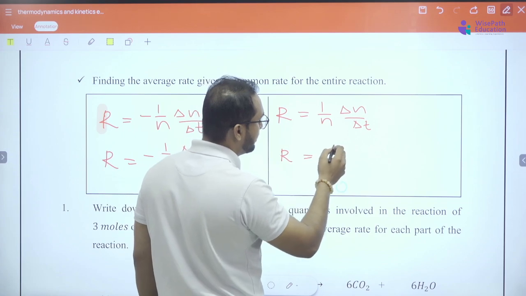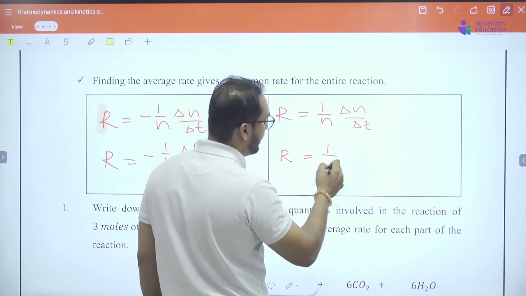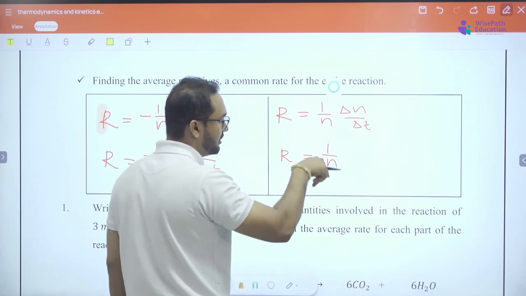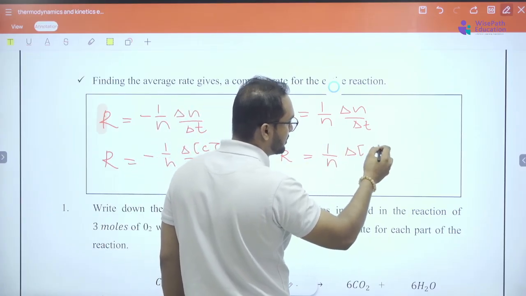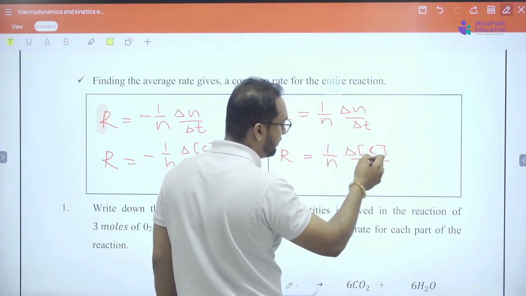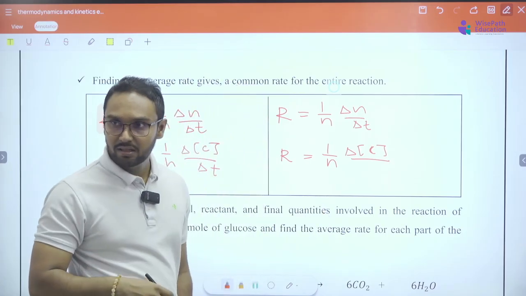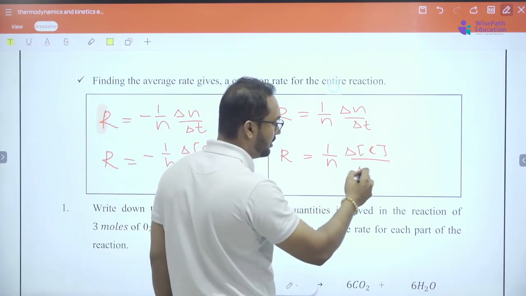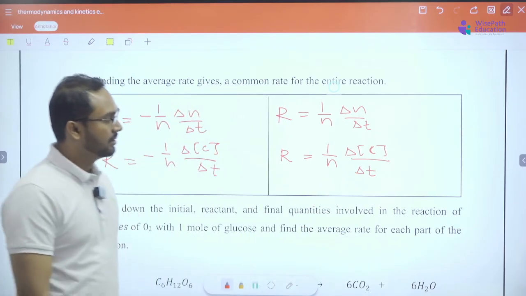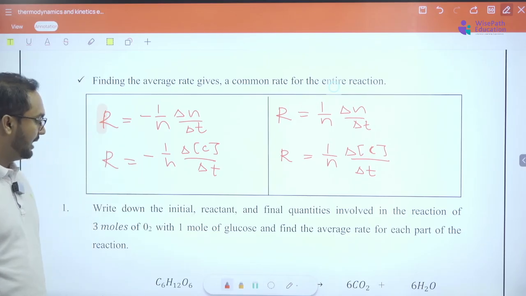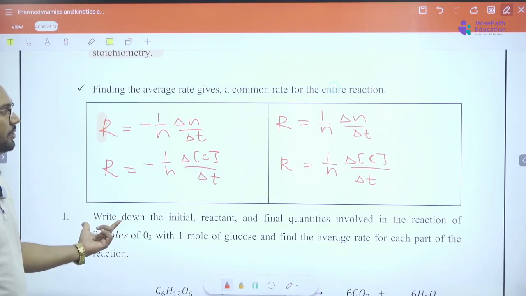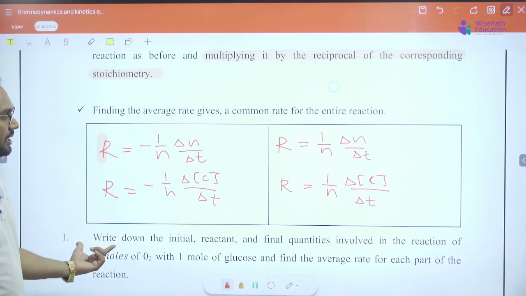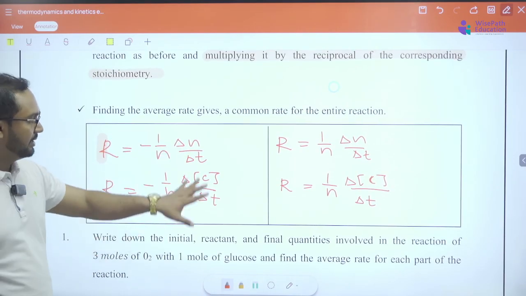R equals 1 over n, where 1 over n is the reciprocal of the stoichiometry, delta concentration over delta T. This is the same formula that we wrote previously, right? Simple as that. Get it? So 1 over n here is the reciprocal of the stoichiometry. We have already defined these things, right?